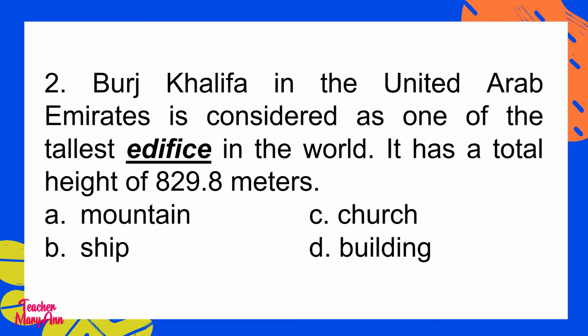Number 2. Burj Khalifa in the United Arab Emirates is considered as one of the tallest edifices in the world. It has a total height of 829.8 meters. A. Mountain. B. Ship. C. Church. D. Building.